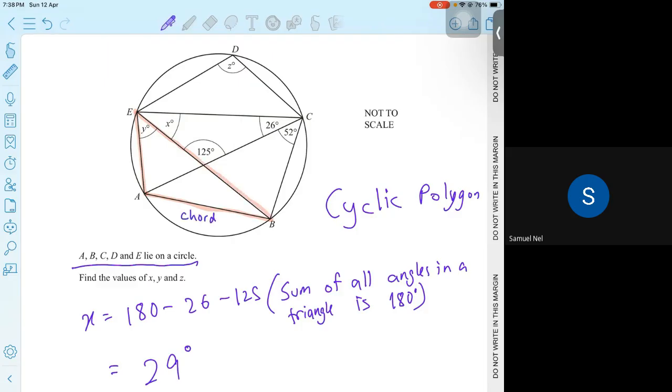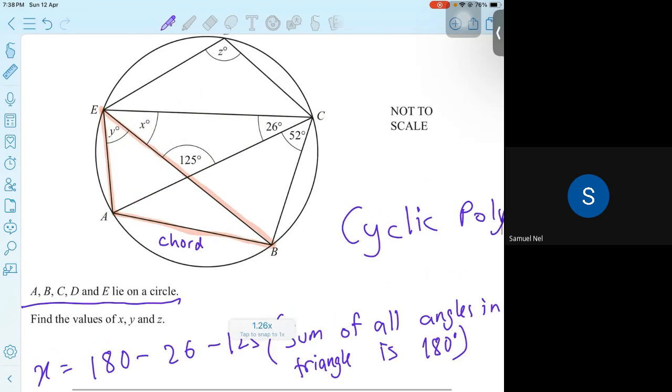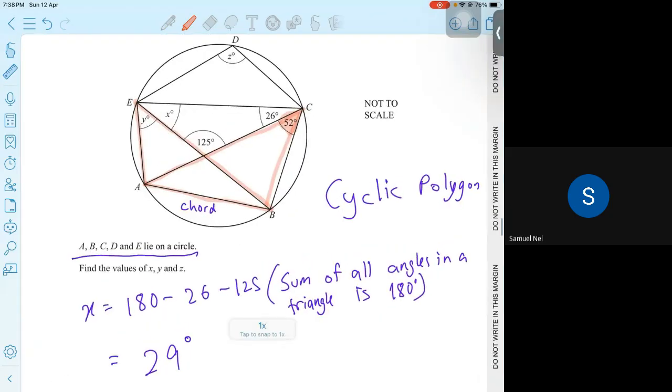Are you all with me? Okay. So when I have this, there's one other angle which comes from the same chord, and that is this angle, right? In your circle theorem, there should be a rule that angles subtended from the same chord are equal.